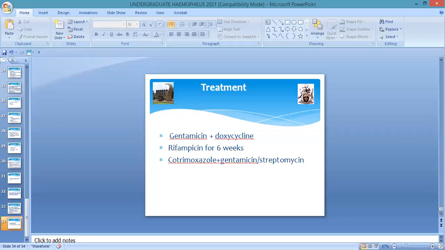So they should be able to penetrate the macrophages and get to the bacteria, which is hidden intracellularly within the macrophages. So you can also give rifampicin for a long period like 6 weeks, and alternatively you can combine cotrimoxazole plus gentamicin or streptomycin. Okay, so those are the treatment options for brucellosis.